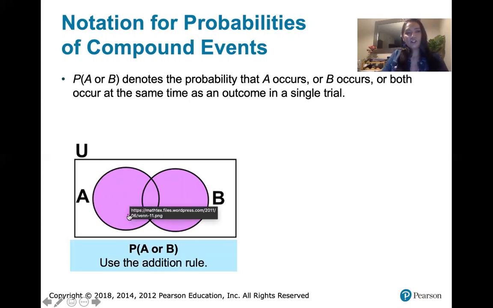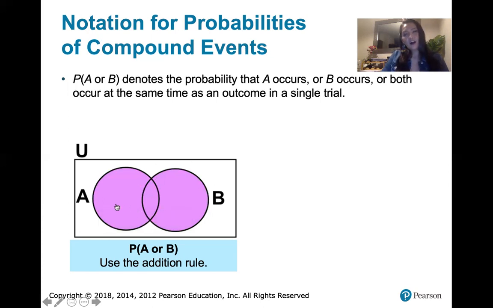If this circle represents all of the ways that event A can occur, and this circle represents all of the ways that event B can occur, the probability that A or B occurs comes from adding up all of the ways that A can occur, and then adding up all of the ways that B can occur.